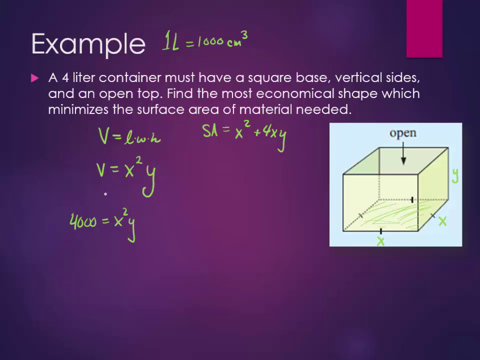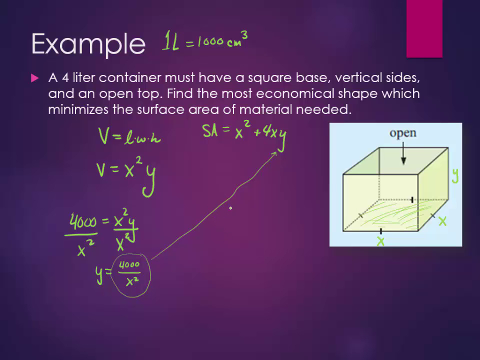Now from this, we want to get y by itself, because if we get y by itself, we can substitute it in for surface area. So I'm going to divide by x squared on both sides. That means y equals 4,000 over x squared. And I'm going to take that value and put it directly in for that.